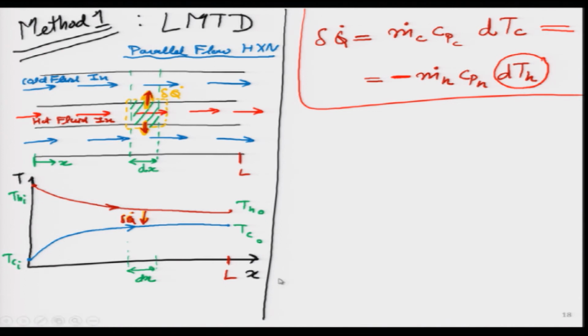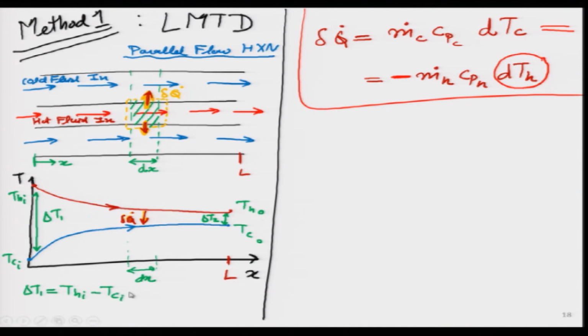One more thing I want to define over here is, I will write this temperature difference as delta T1, and this temperature difference over here I will write as delta T2, which means according to this particular graph, what is the value of delta T1? It is simply T_H1 minus T_C1, sorry, T_Hi minus T_Ci.